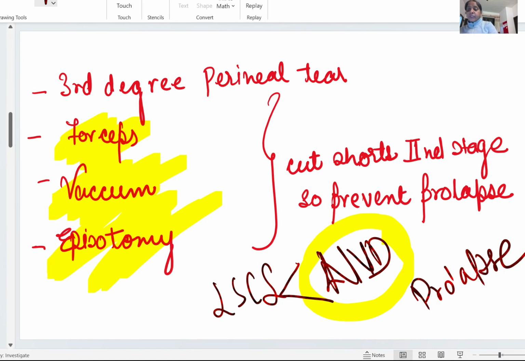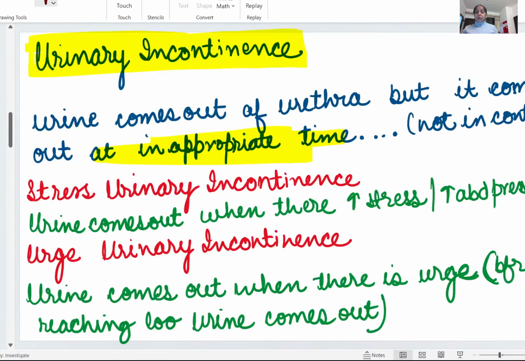Very good. Stress urinary incontinence is when urine comes out whenever there is an increase in abdominal pressure, that is, on coughing and laughing or while doing the Valsalva maneuver.